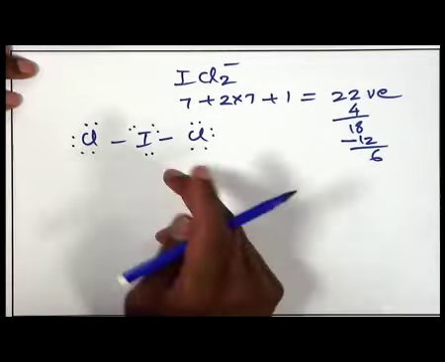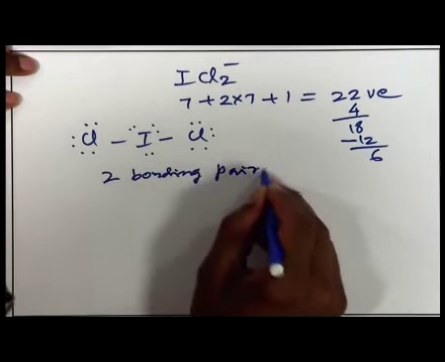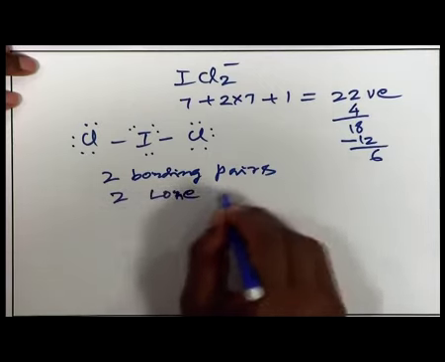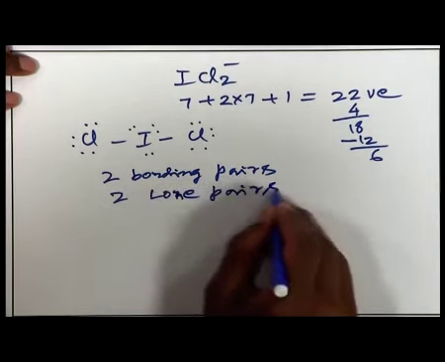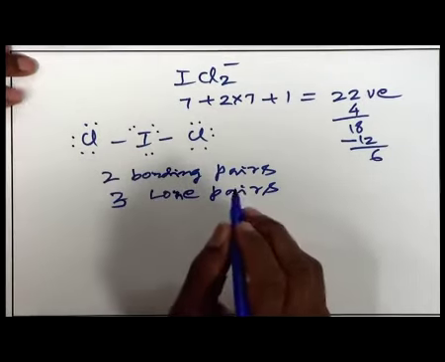So this structure has 2 bonding pairs and 3 lone pairs, because 1, 2, 3 lone pairs and 2 bonding pairs. In total there are 5 electron pairs.